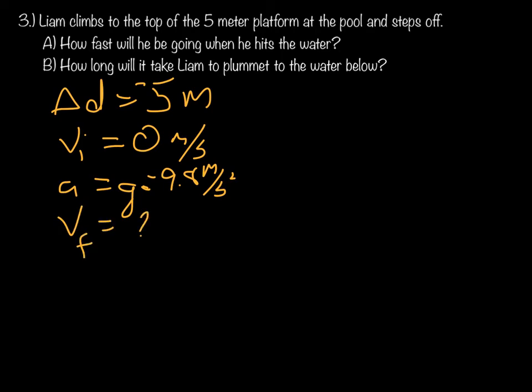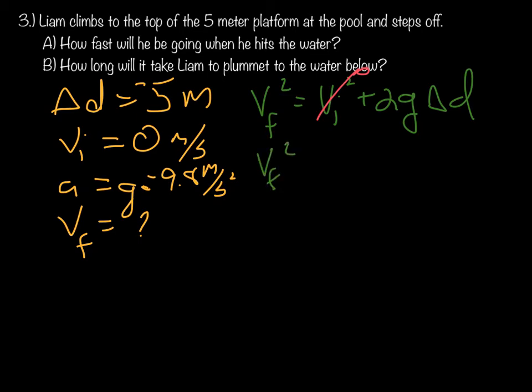Okay, so this time we are going to use the equation Vf squared equals Vi squared plus 2 times, I'm going to put g for a, times my delta D. So once again, my initial velocity is 0, so I take that out, and so now I just have Vf squared equals 2g delta D. So if I take the square root of this side, then my squared goes away, and so Vf is simply the square root of 2g delta D. And so let's plug in our numbers.